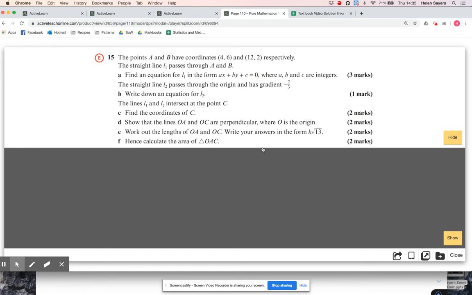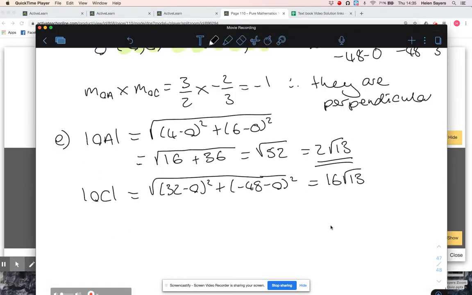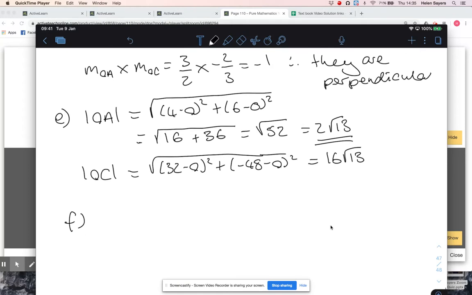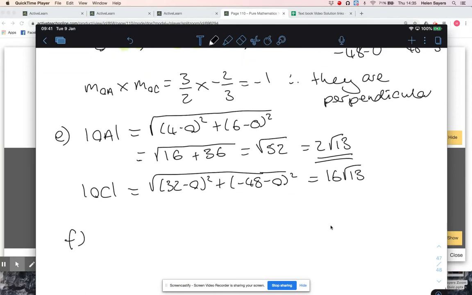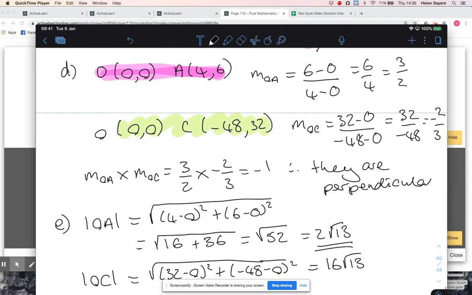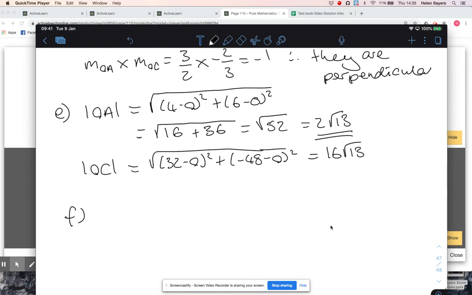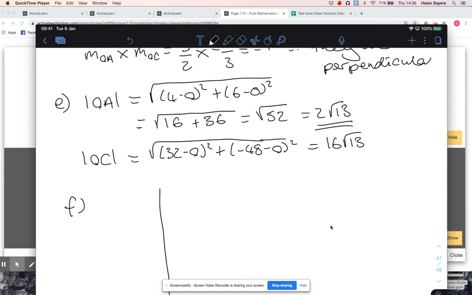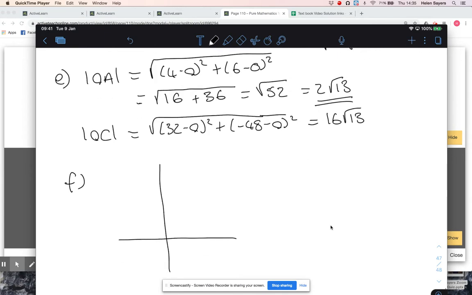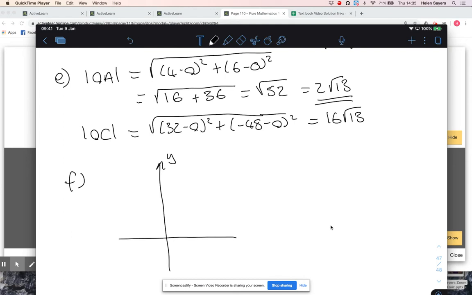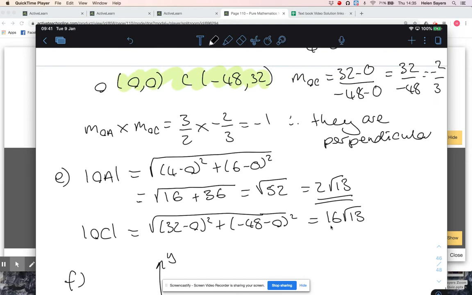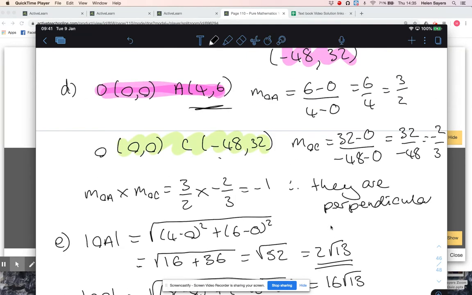So hence, calculate the area. And it's only 2 marks. Hence should mean we can use our previous answers. I don't even need this to be to scale, but I might as well sketch it, otherwise I'll spend longer trying to explain what I'm talking about. So there are my axes. It's not going to be particularly to scale because the two coordinates are very different.